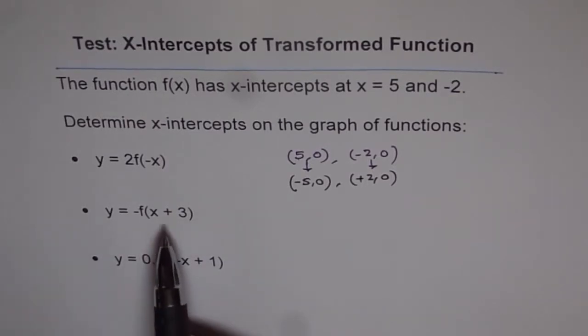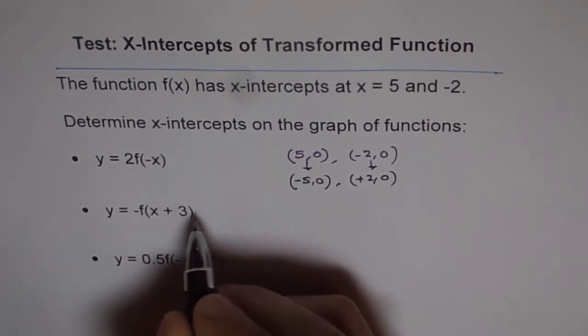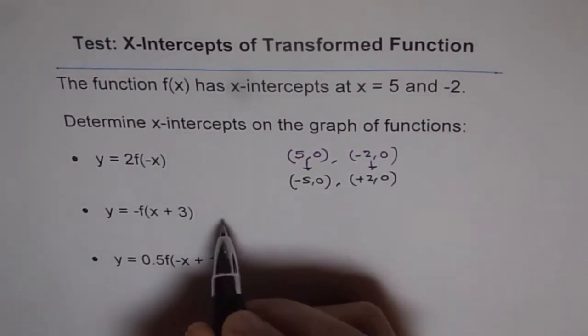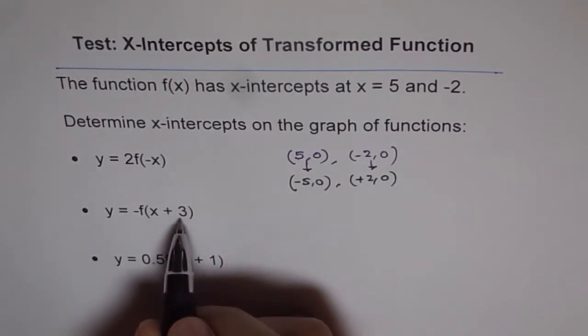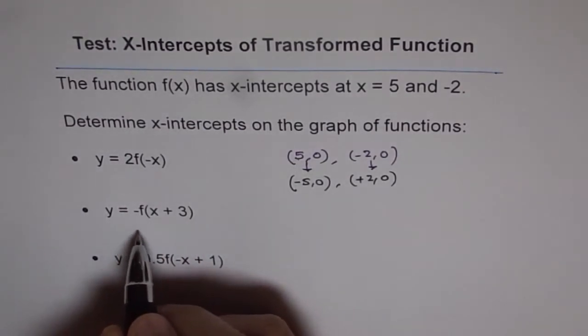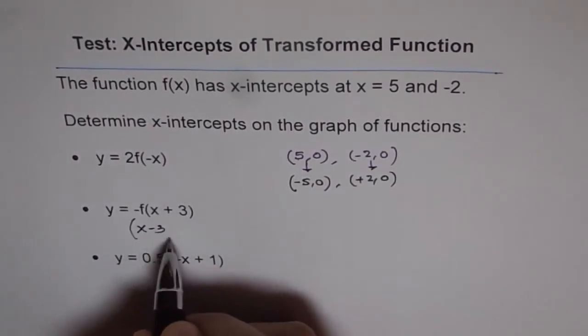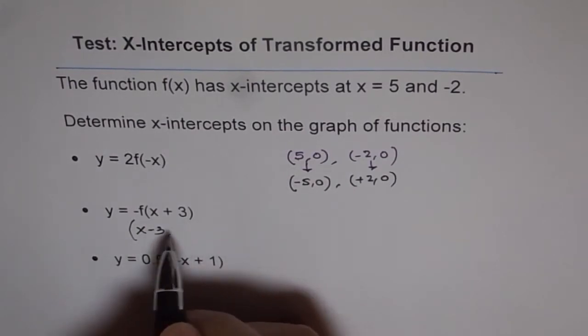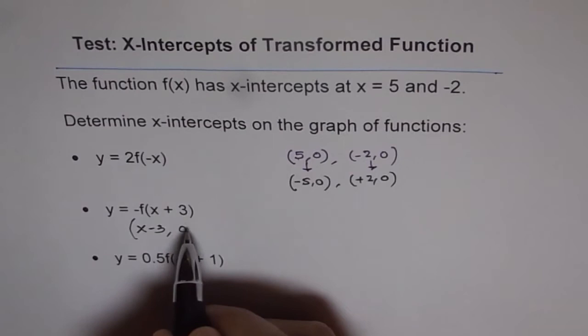Now this one, what is the transformation here? Here the x points move 3 units to the left. That means minus 3, right? So basically the x and y coordinates will change, with a shift of 3 units left. Our point gets transformed so that we have a value x minus 3, but the y value will be the negative of the original, and it is 0 in this case, so it will remain 0, correct?